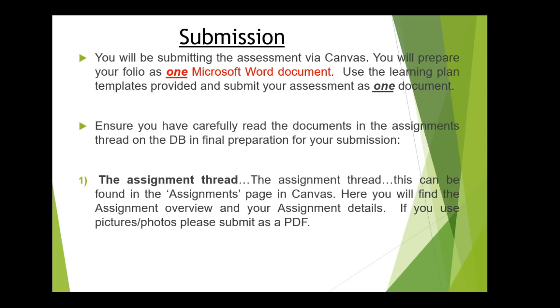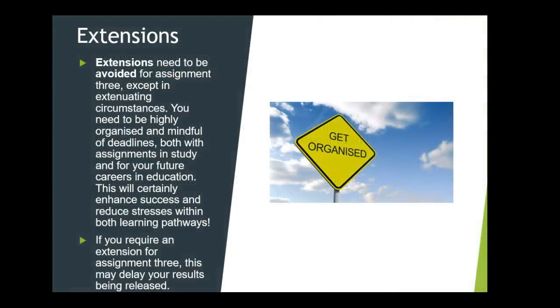If you do that, I would recommend that you convert your assignment to PDF, because then the images don't move. So just be aware, if you could do that, that would be great. And just make sure that you've proofread everything and that you are really happy with what you have submitted.